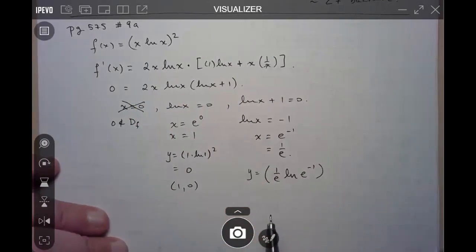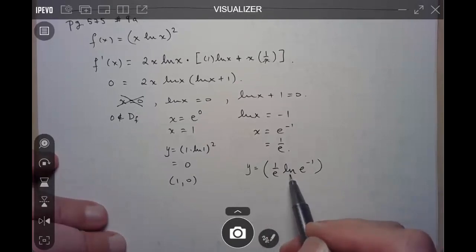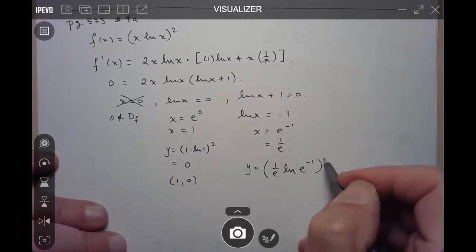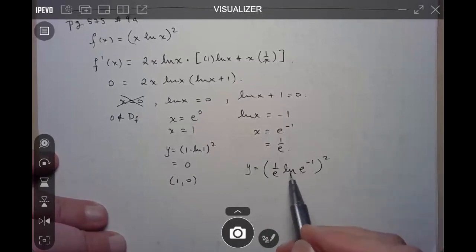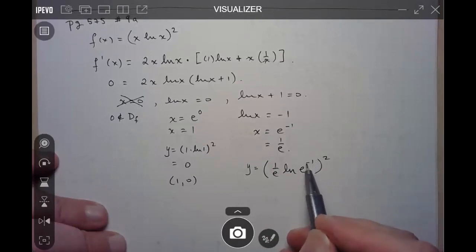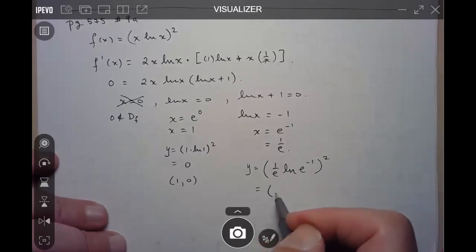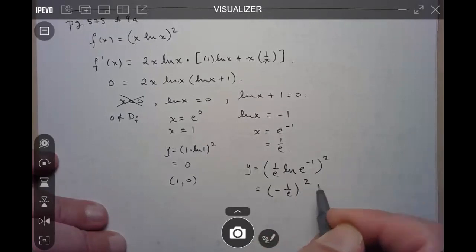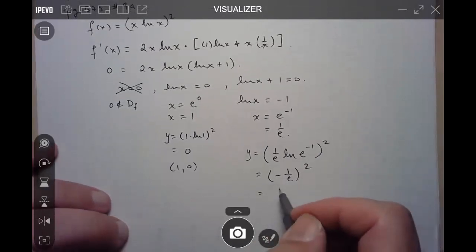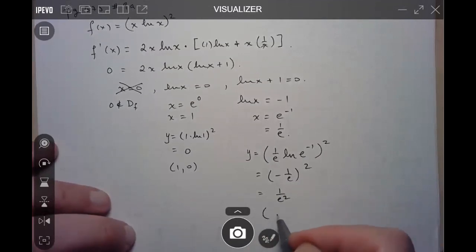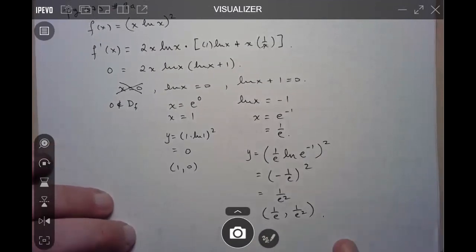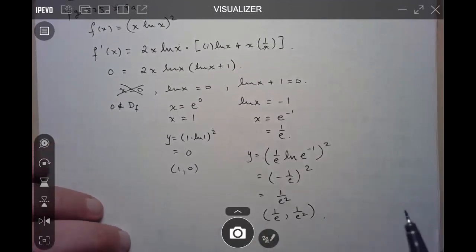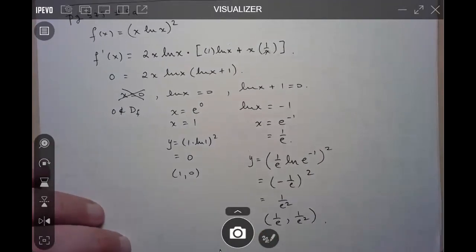The reason I do that is I notice the natural logarithm and the function e to the x are inverses of each other. So that just gives me a final result of -1. So this is (-1) over e squared, which of course the negative disappears when I square it. So my second point is going to be (1 over e, 1 over e squared). In some ways, finding the y values was almost more work than finding the x values here.